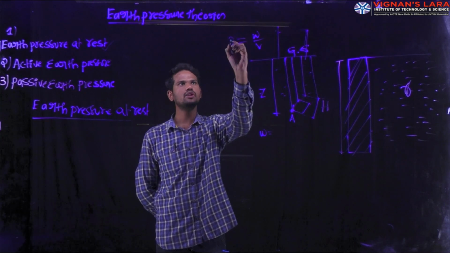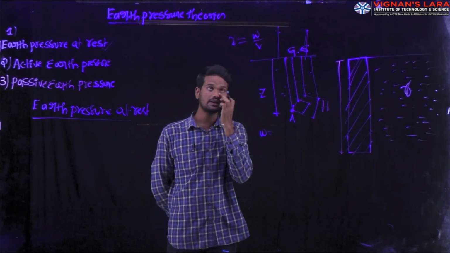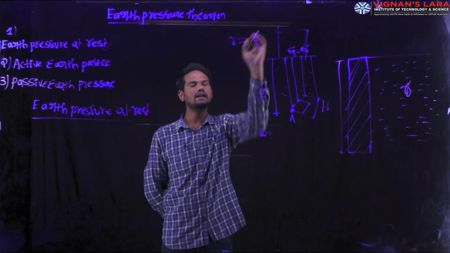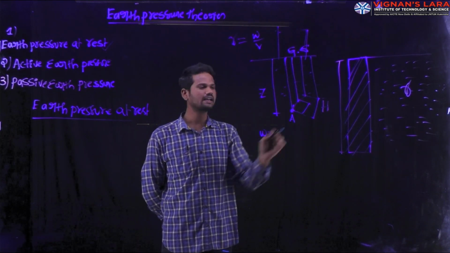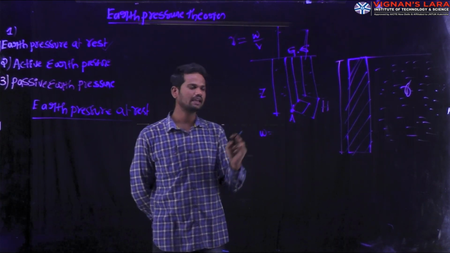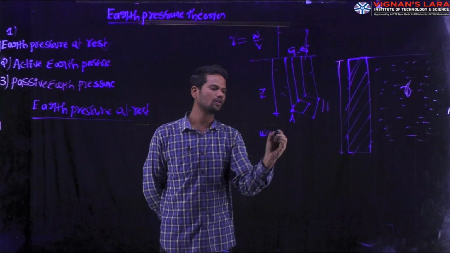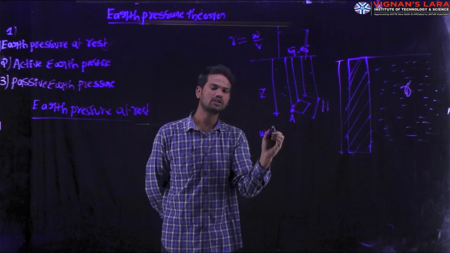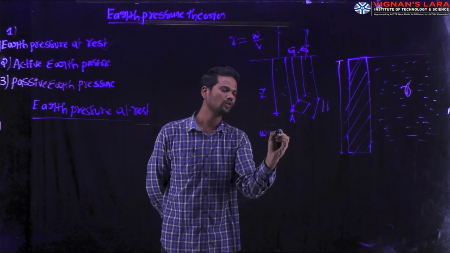If you substitute, you will get the unit weight of the soil. Now I want to calculate the weight of the soil on the soil element at A, where W, the weight of the soil element, equals gamma times V.